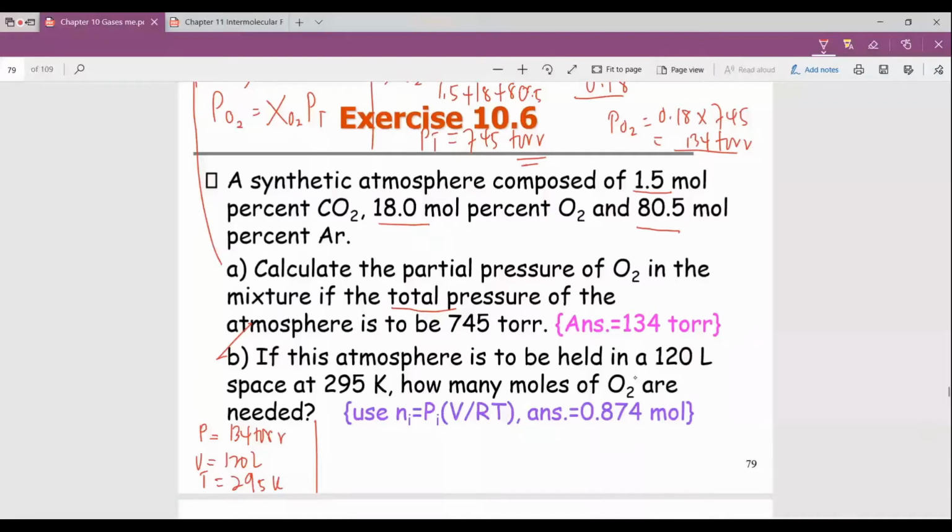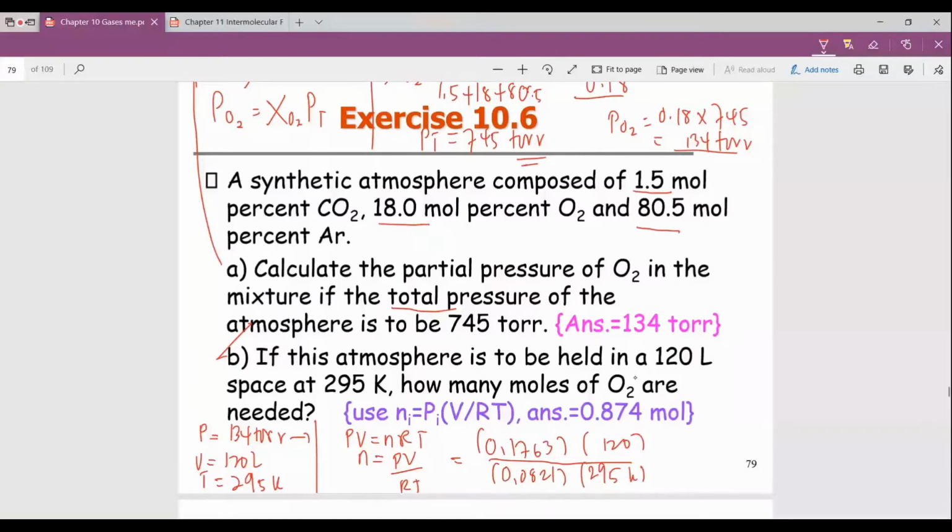Then find n equal to PV over RT. Pressure, because R is in 0.0821 atm, so change it to atm. 134 divided by 760, then you get the pressure in atm, 0.1763 atm, times volume 120, divided by 0.0821, then temperature is 295 Kelvin, then get the answer.